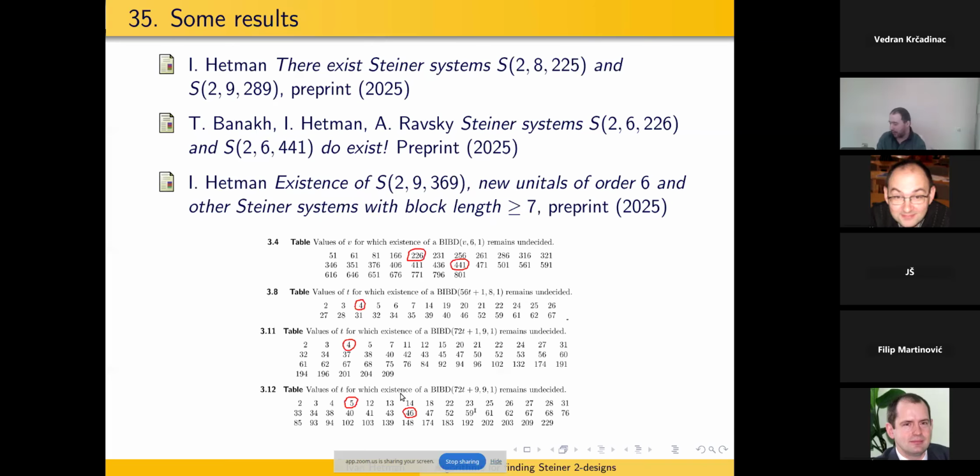And when I started working on these difference families, I had a small dream. I just wanted to find at least one undecided case and close it. And fortunately, I was able to close 6 of them.